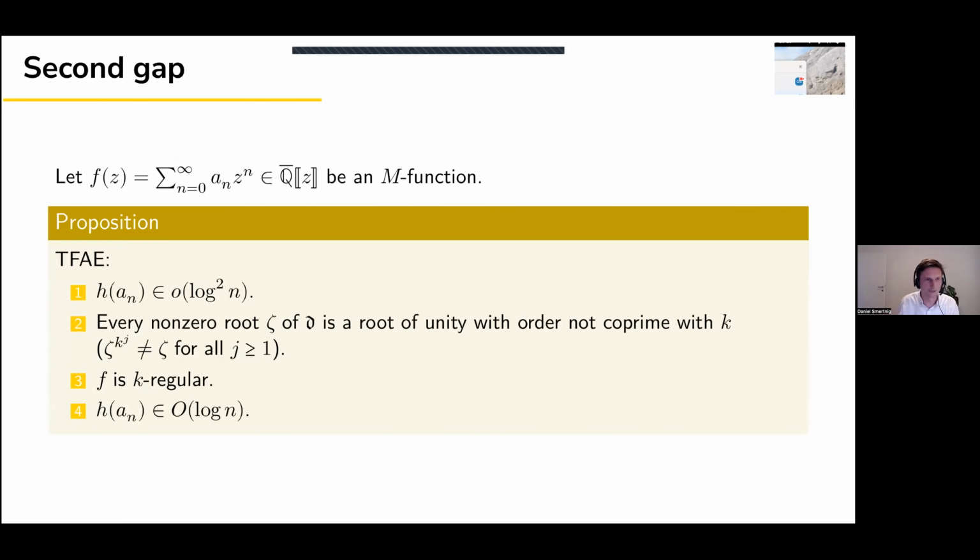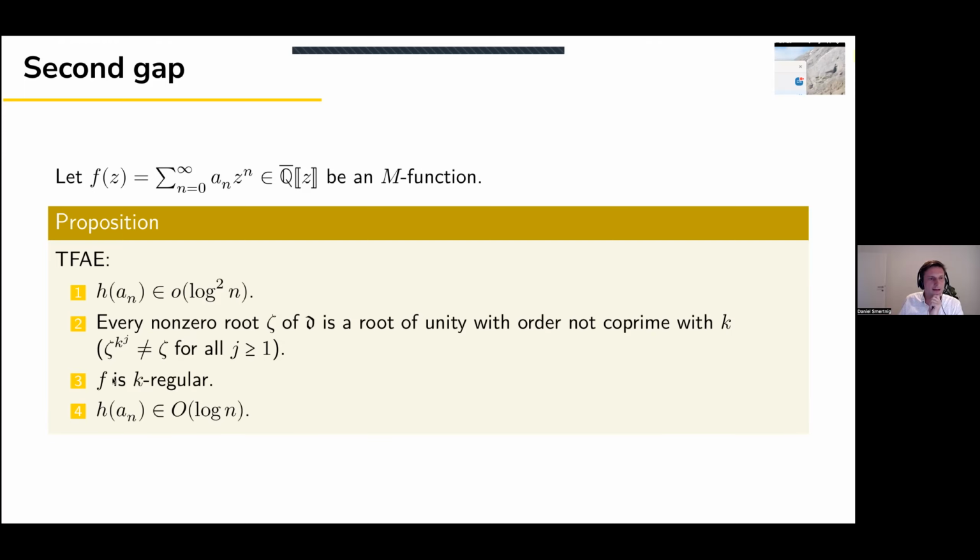I won't bore you with the details of the other gaps, but the second one is then characterized again by the Mahler denominator structurally. So this means the non-zero roots of the Mahler denominator must be roots of unity with order not co-prime with k. So they have a common factor with k. And this would imply that if you keep raising z to some powers k^j, you will never arrive back at zeta, sorry.